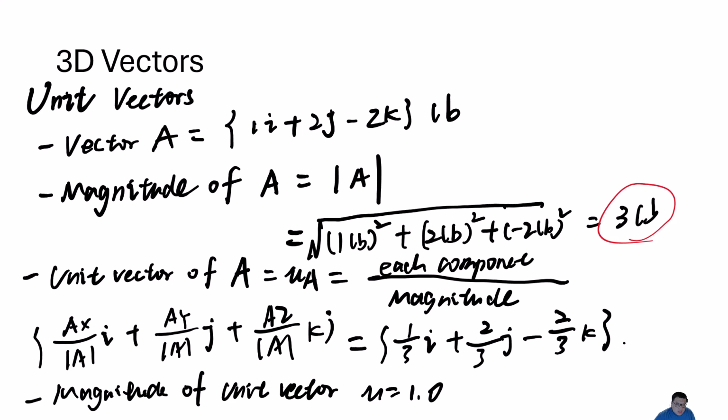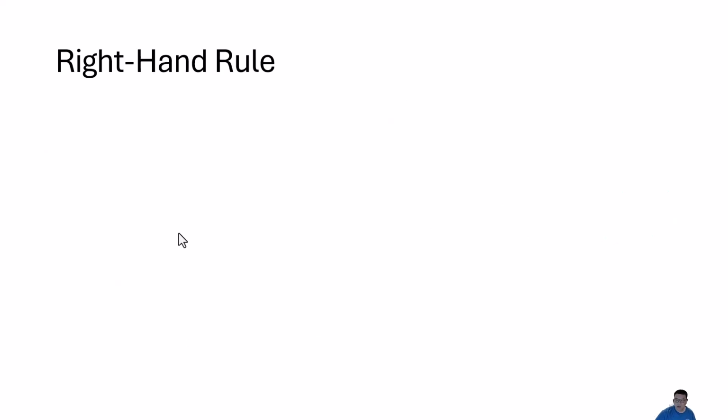Okay, let's talk about the right-hand rule. For this class, we use the right-hand rule for the 3D coordinates. For the 3D axis system, we have z to the upside, and we also have two other axes. But how do we determine which one is x and which one is y? Just use your right hand. Point your thumb in the direction of the z-axis and curve your fingers.